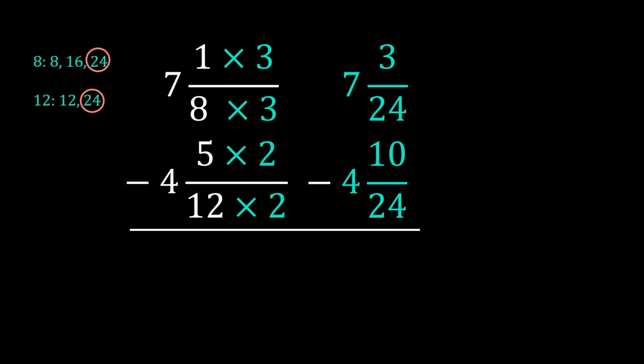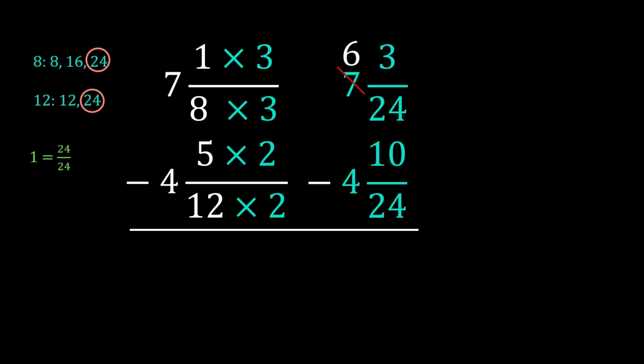And I start my subtraction with the fractions. So 3 24ths minus 10 24ths, subtracting the numerators, 3 minus 10, which I can't do, so I'm going to need to do some regrouping. When I borrow the 1 from the 7, I will have the whole number 6. And then that 1, in order to be able to use it, I have to have it in a fraction with 24 as the denominator.